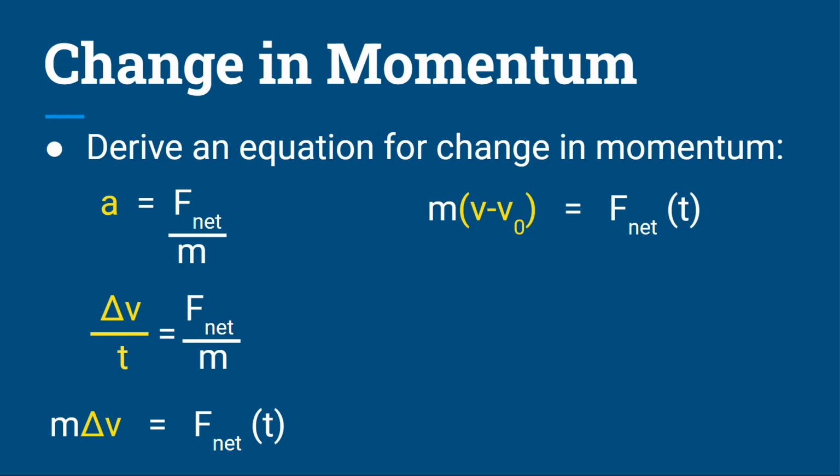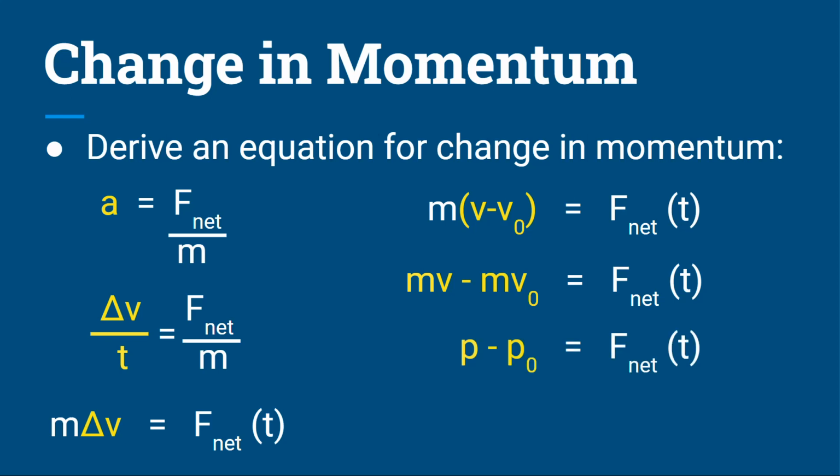I'm going to distribute that mass into those parentheses to get mv minus mv naught equals F net times t. And I know from my definition of momentum that mass times velocity is momentum, which means I now have final momentum minus initial momentum equals F net times t.